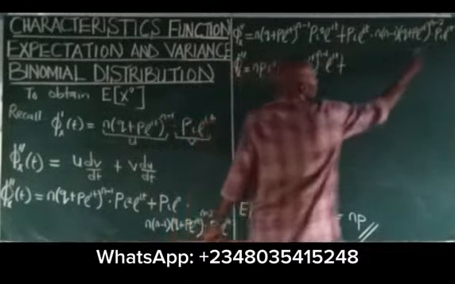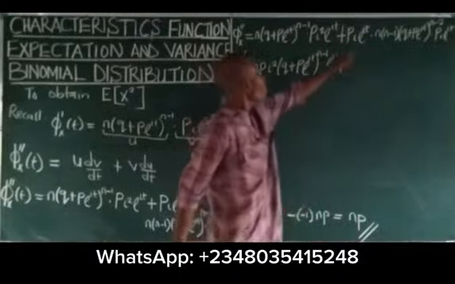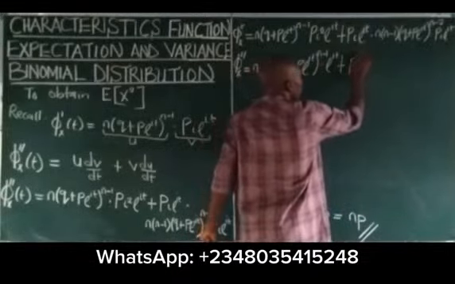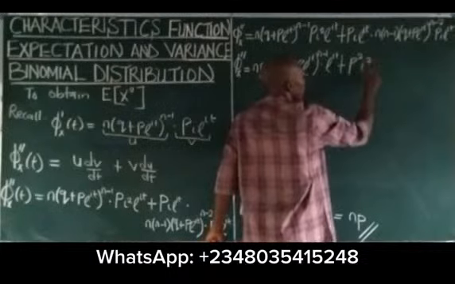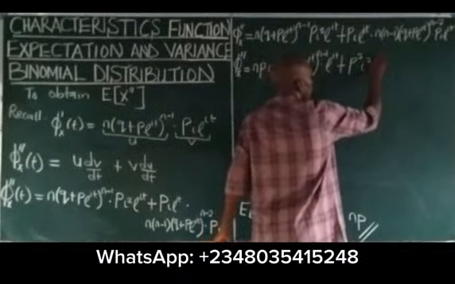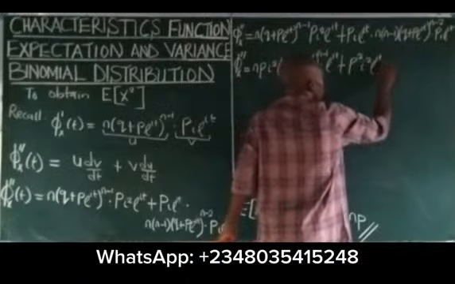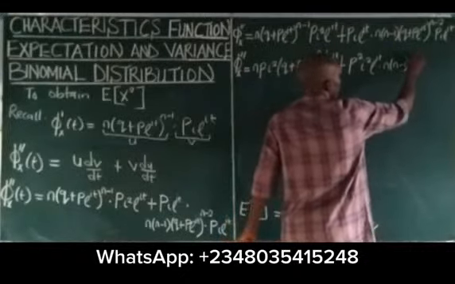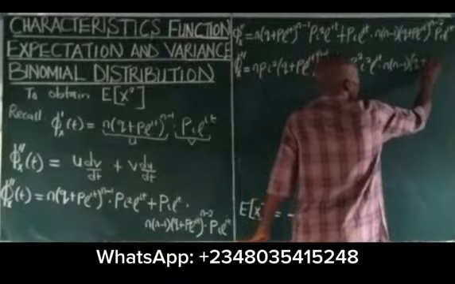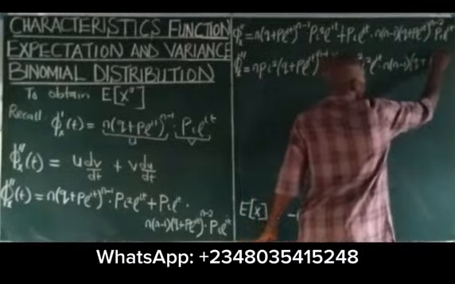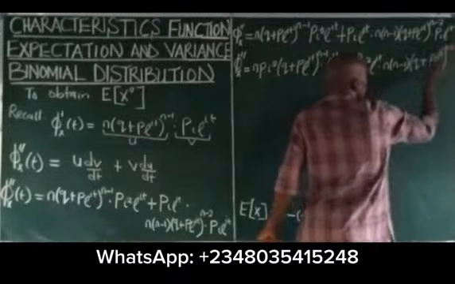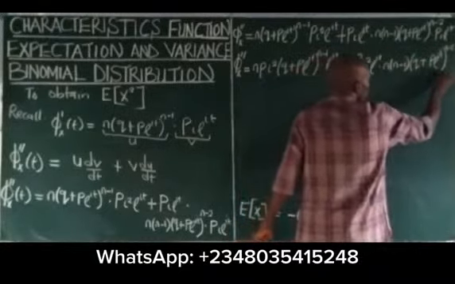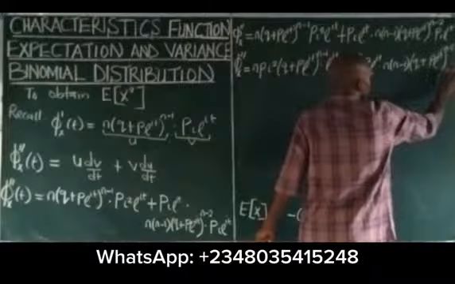Plus, this is p and this is p, so this will multiply this, i will multiply i to give us p squared i squared exponential it into n into n minus 1. Then we have (q plus p exponential it) to the power of n minus 2, multiplied by, since this has gone over to this side, just exponential it.